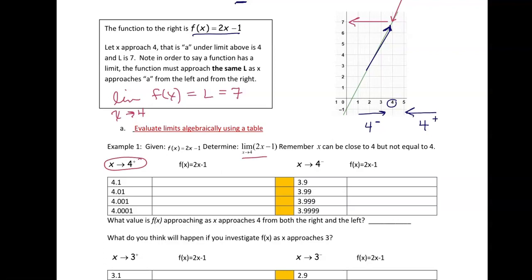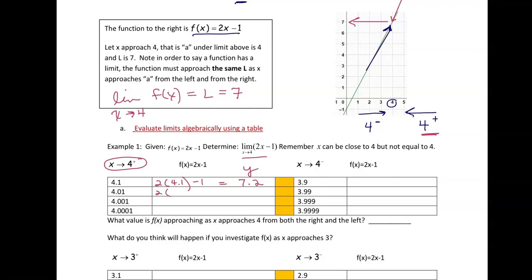I'm starting at 4.1. That's bigger than 4, not by much, but it is coming from that right side. So plug in your values: 2 times 4.1 minus 1 gives me 7.2. Remember, those values are your y values.